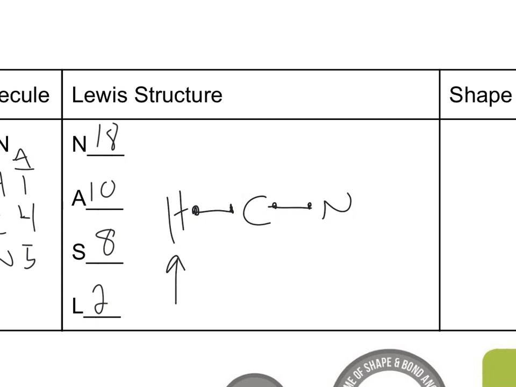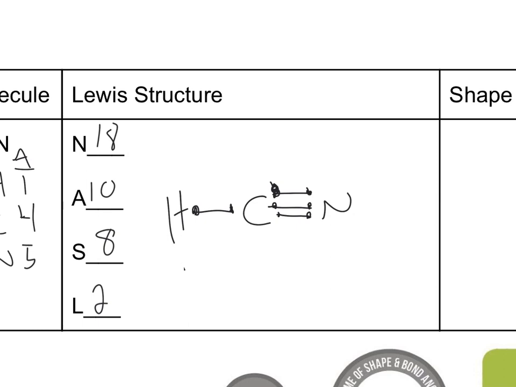But you cannot double bond a hydrogen. Can't do it, just like you can't put dots on it. So my only option here is to add 2 more bonds between the carbon and the nitrogen. So that's a triple bond. All right, there's 6 electrons over here and 2 over here. There's my 8 total that I needed. Okay, so the shared is done.